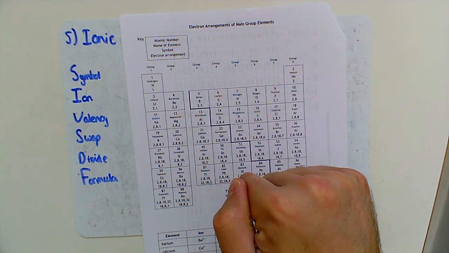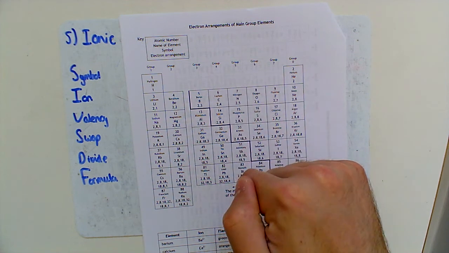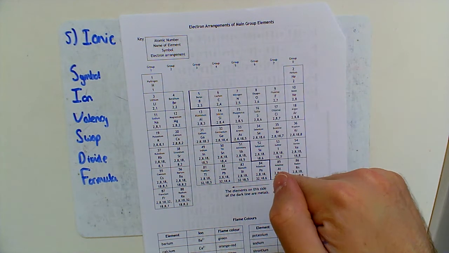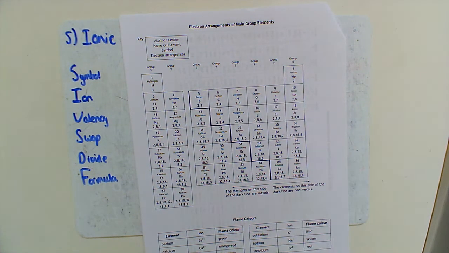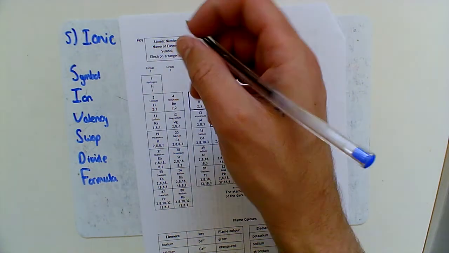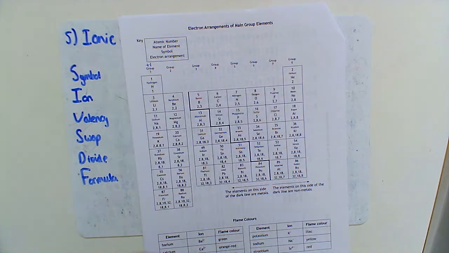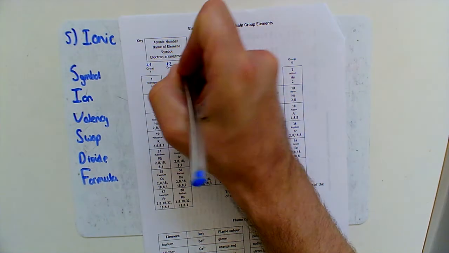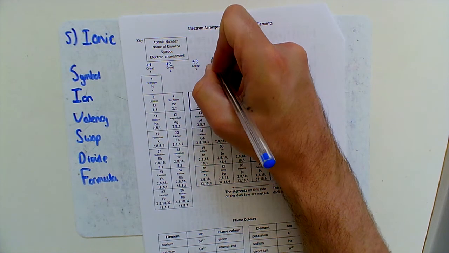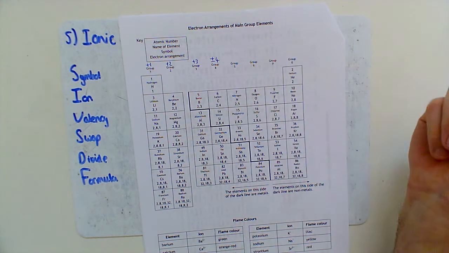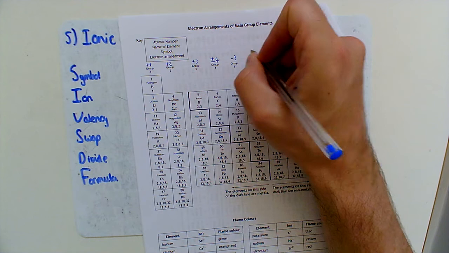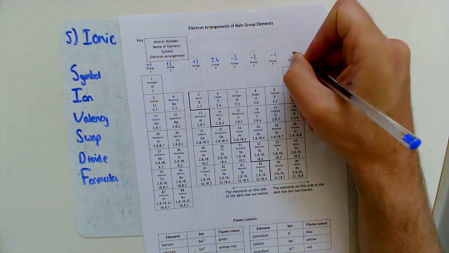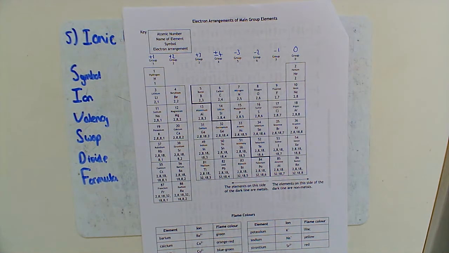Group 5, -3, -2, -1. So charge goes +1, +2, +3, plus or minus 4.